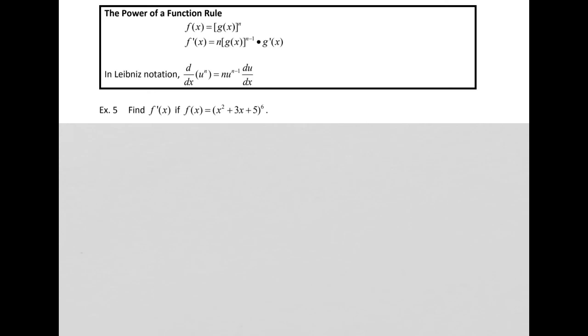Now, let's look at the power of a function rule, which is also known as the chain rule. And we will go over the detail on chain rule in another lesson. For example 5, I want you to pretend the function we have is f(x) equals a to the exponent 6. That means I can write it in expanded form, a times itself 6 times.